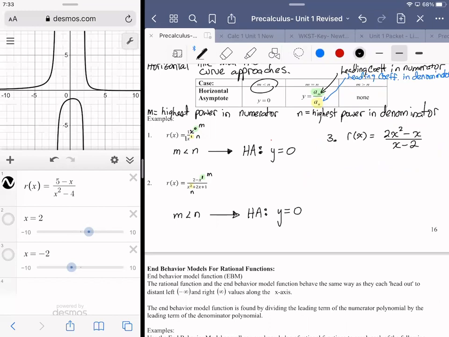All right, so here I have a high power on the top of 2. That's my m value. I have a high power on the bottom of 1. That x has an assumed power of 1. The relationship here is that m is greater than n. So therefore, we would say that there is no horizontal asymptote.